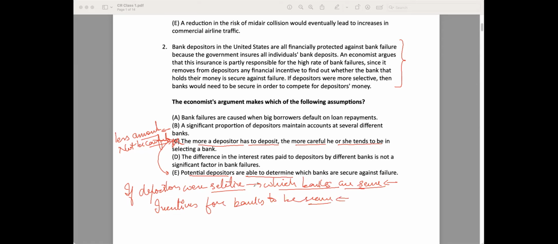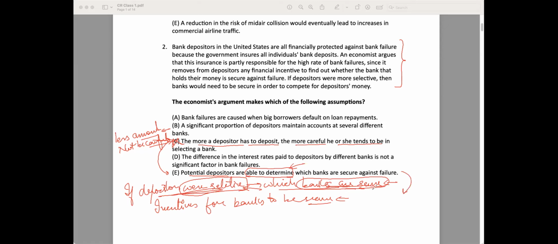Now, the inherent assumption is that people are able to determine which banks are secure. Right now they are not selective, they are not choosy in determining which banks are secure. If they were more selective, that means they are able to determine which banks are secure or not.